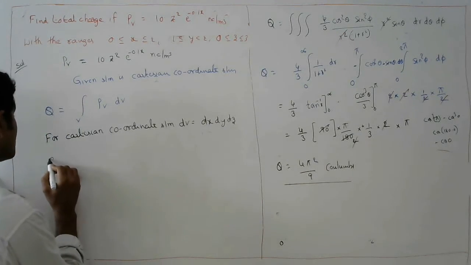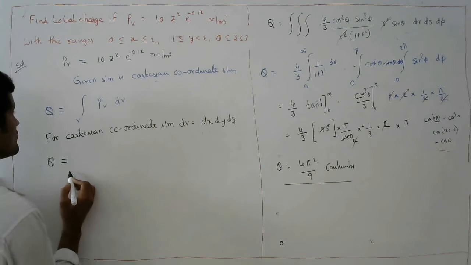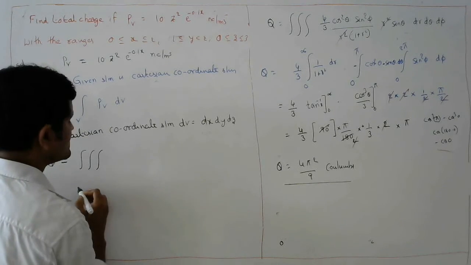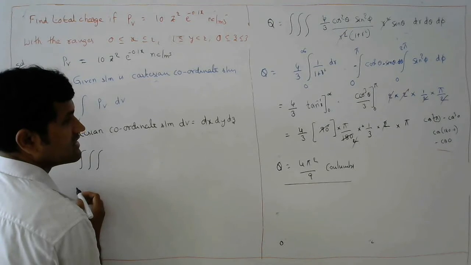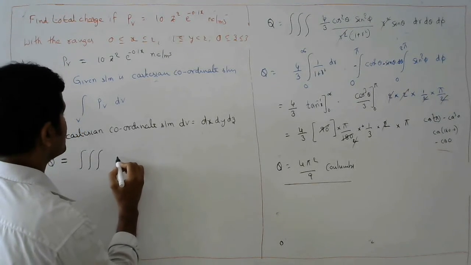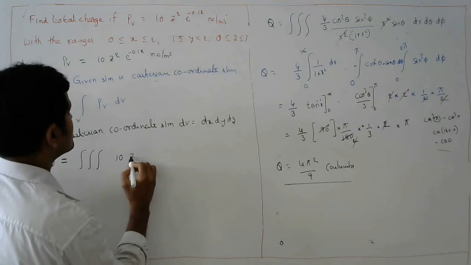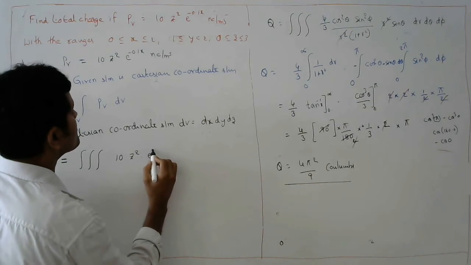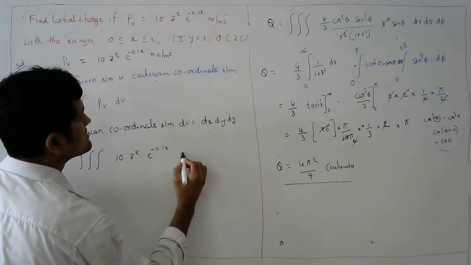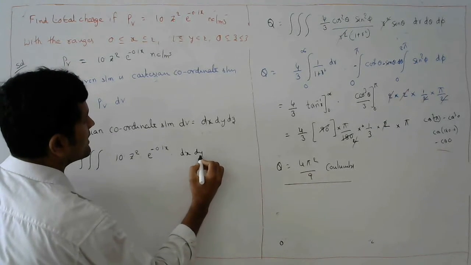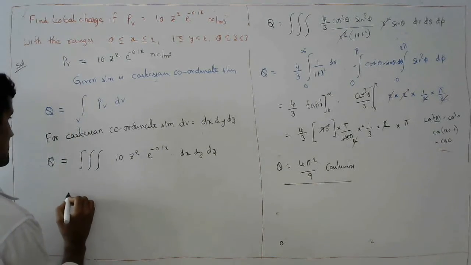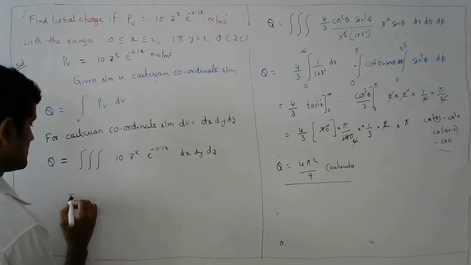If you substitute it there, the total charge is the volume integral, which is three-dimensional. It means a triple integration of 10 into z squared into e to the power of minus 0.1x into dv, where dv is dx dy dz. If we separate it, x terms and z terms are there.